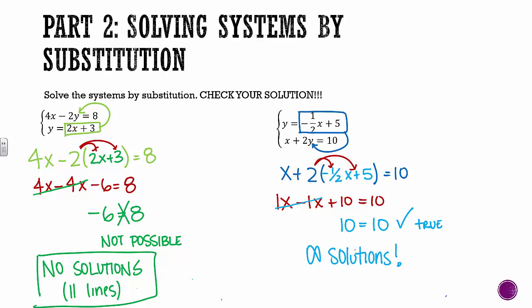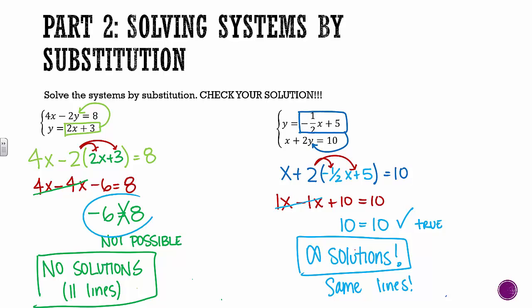It doesn't matter what you plug in for x, doesn't matter what you plug in for y, this is always going to work. So if we were to graph this, remember this would mean that these are the same lines. So algebraically, no solutions means you get something that can never happen. Infinitely many solutions means that you get something that is always true.